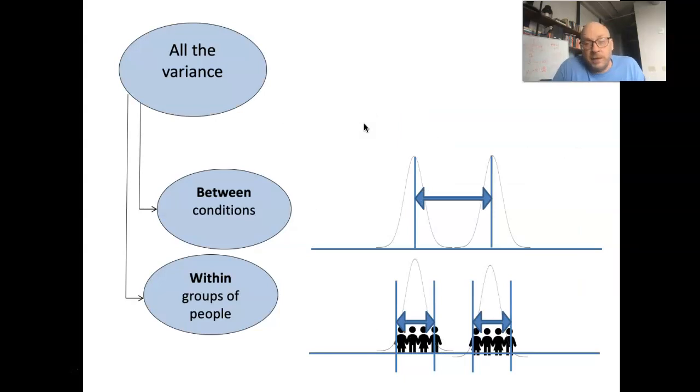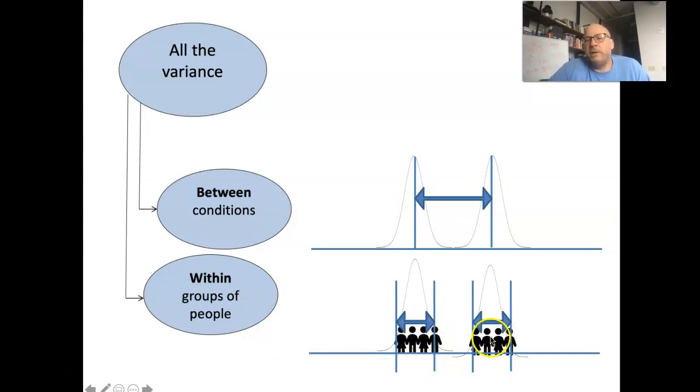Just kind of want to remind you, though, what we're doing conceptually here is that when we calculate total variance, we get the sums of squares for everyone, and we ignore what group they are in. But then we calculate between groups variance, which is based on how far apart the means are, and then within groups variance, which is the variance for all these individuals.